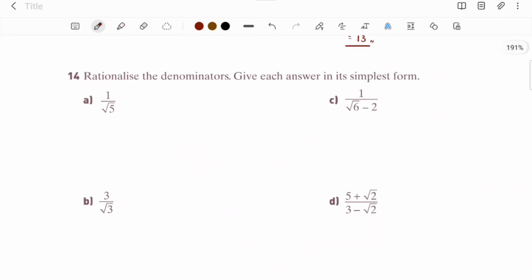Okay, let's look at number 14. Rationalize the denominator. Give each answer in its simplest form. So this one, to rationalize means that we remove square roots from the denominator.